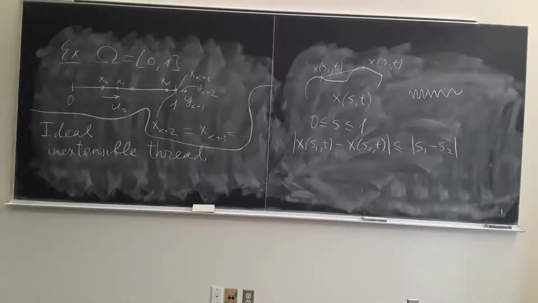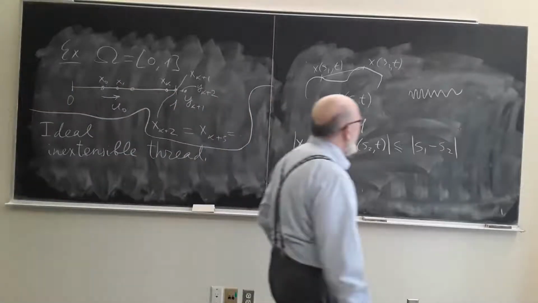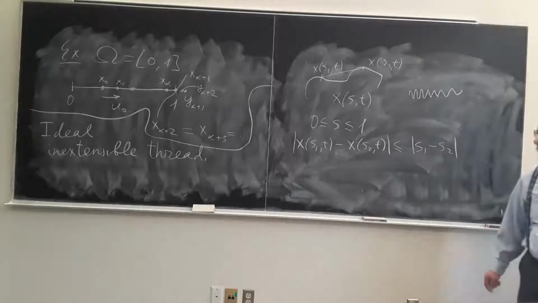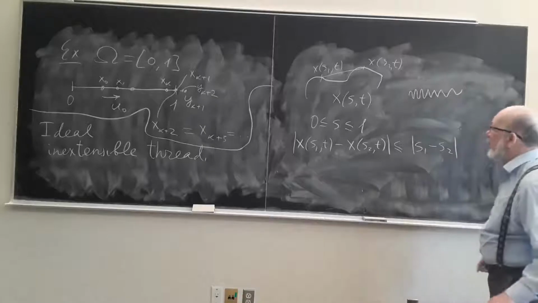And if for the thread we can formulate a good theory, or at least propose a model, this means that for the fluid it is much trickier, because the fluid is opposite to the thread.